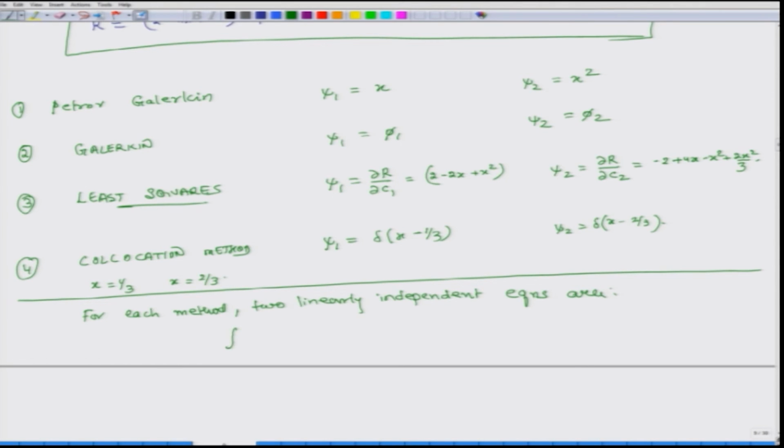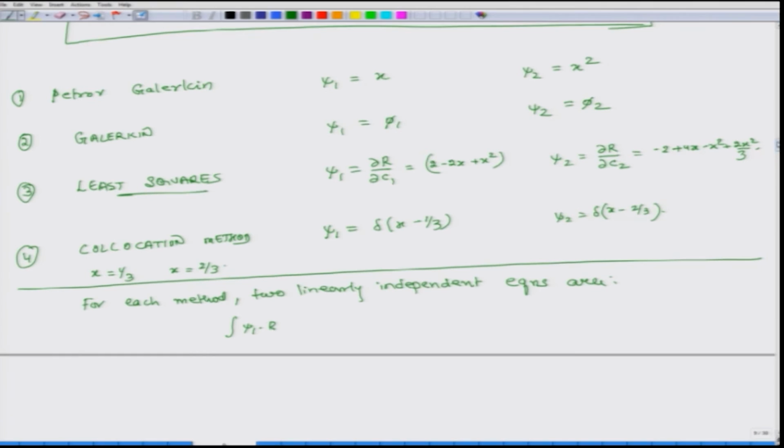The first equation is the integral from 0 to 1, which is the domain of our interest, of psi 1, which I can pick based on the method, times the residue, dx, equal to 0.